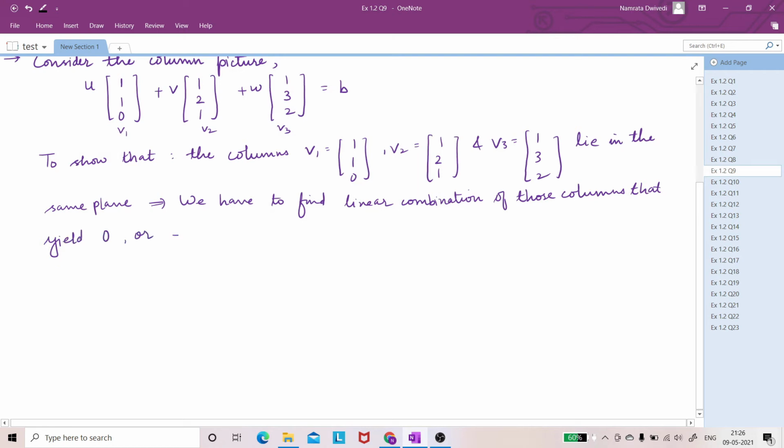Or what we have to find? We have to express, basically, one of these columns as a linear combination of the other two columns. Yes?